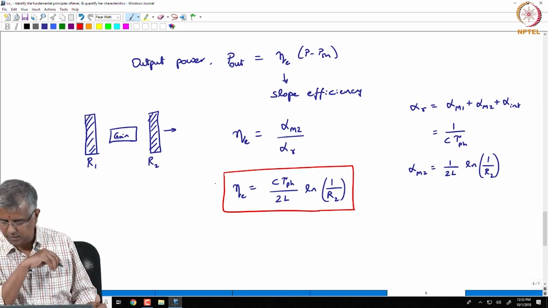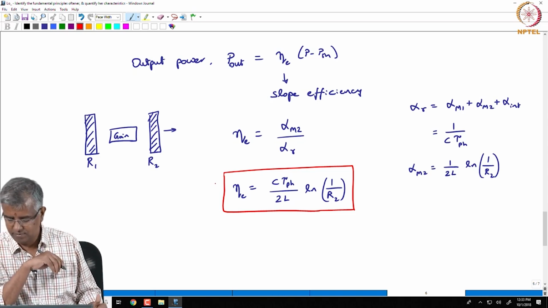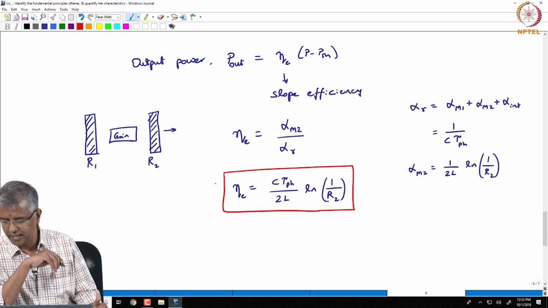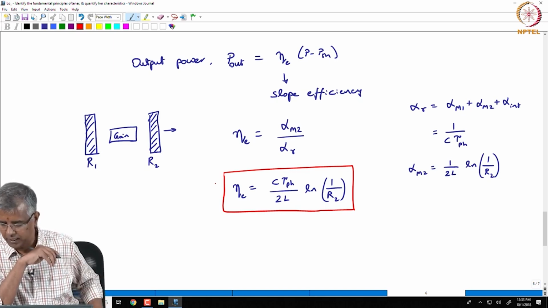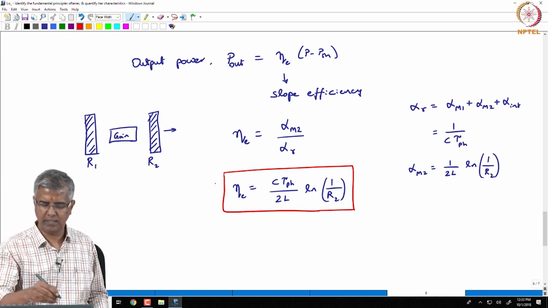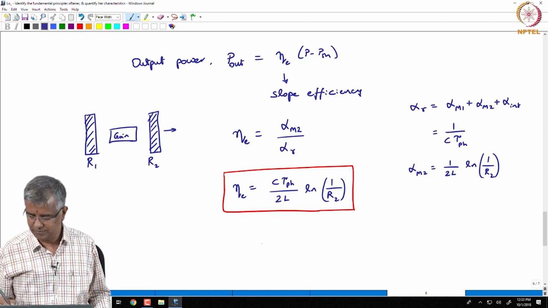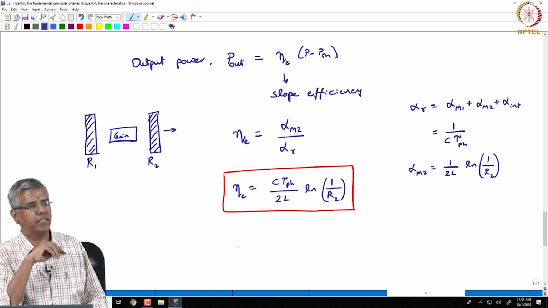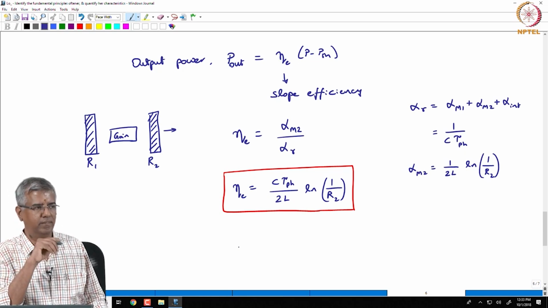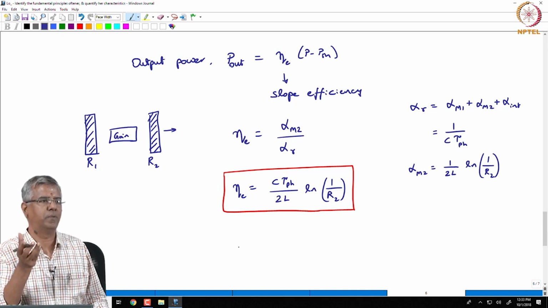Does this make sense? What are we saying here? Maybe it will make sense if I represent it slightly differently. 2L over c, what does that correspond to? That corresponds to some time.